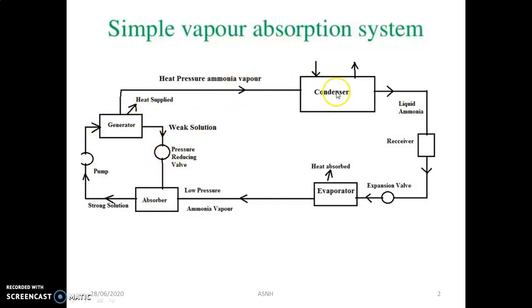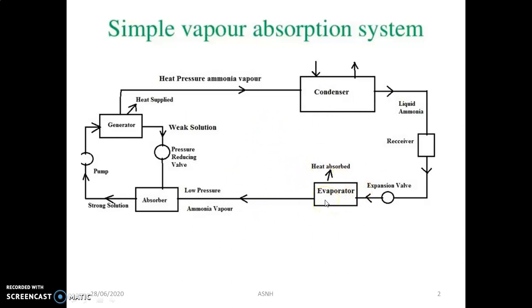The liquid ammonia refrigerant available at the end of the condensation process enters the expansion valve through the receiver. In the expansion valve, a throttling action is carried out, and the pressure and temperature of the liquid refrigerant decrease. At the end of the expansion process we get low pressure, low temperature liquid ammonia, and it enters the evaporator section.